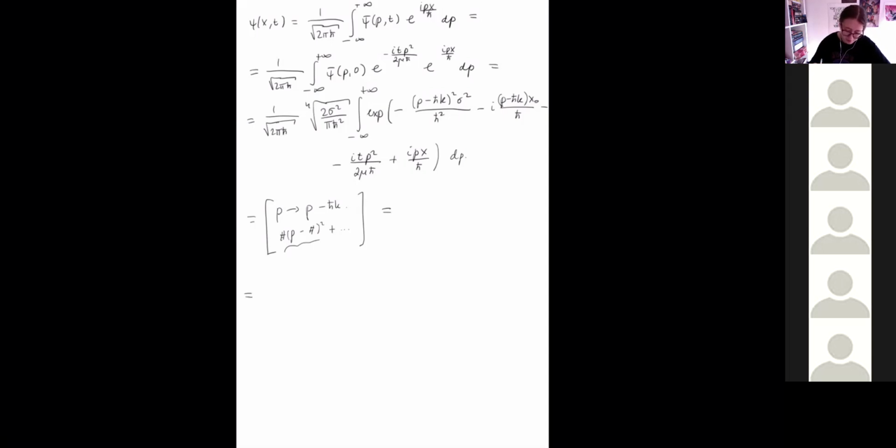Okay, so let's suppose that we did our painful integration, either by hand or by typing it all in Mathematica. What we arrived at is the following: square root of pi over sigma squared over h bar squared plus it over 2 mu h.